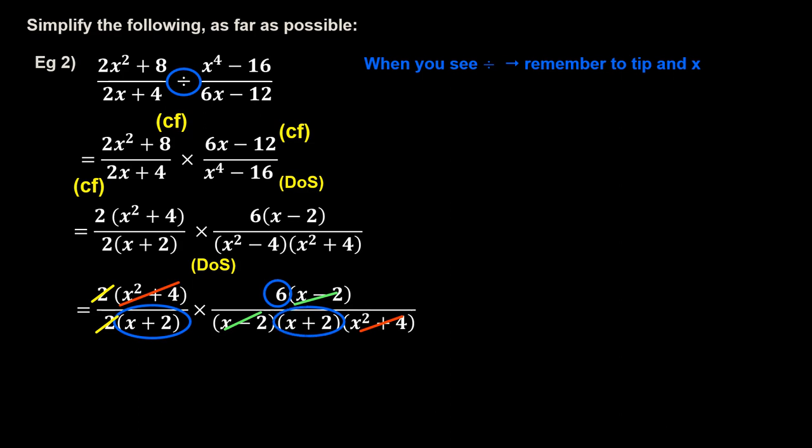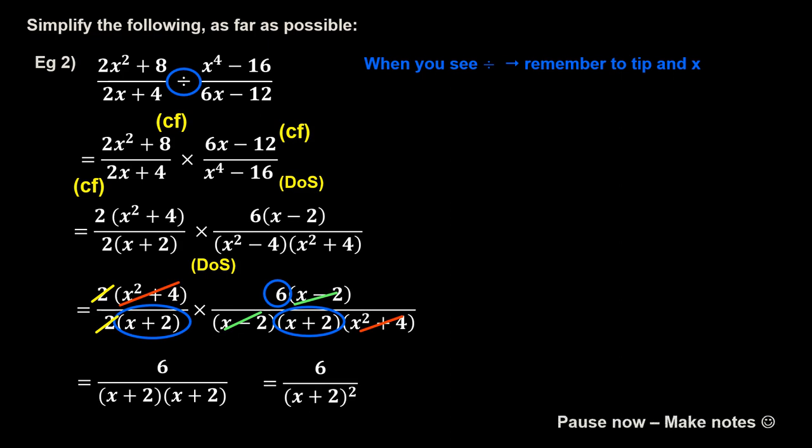Now remember, we cannot cancel them, sorry, because they're both on the bottom. One needs to be on the top and the bottom if I'm going to cancel. So our final answer is 6 over x plus 2, x plus 2. If you want, you can rewrite it as 6 over x plus 2 all squared, but that is not necessary. Pause now so that you can make some notes.